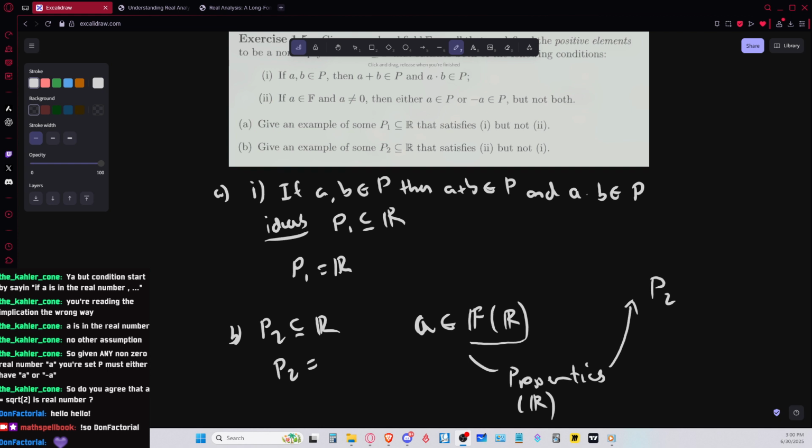Because I think what you're telling me, Sasha, is that since the first part is that if A is in F, aka the real numbers, or a field like the real numbers, then A is supposed to encompass all the properties of the real numbers, and it carries over to the subset P. And I'm thinking that's the reason why you're telling me that the natural numbers do not work for this example. That's how my thought process is going, but I don't know if that's the correct way of viewing it.